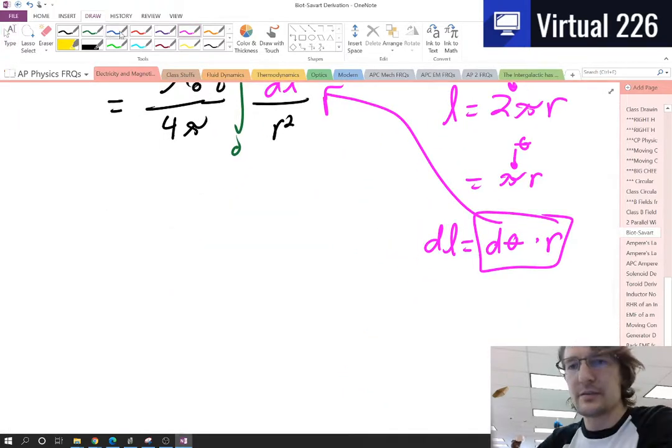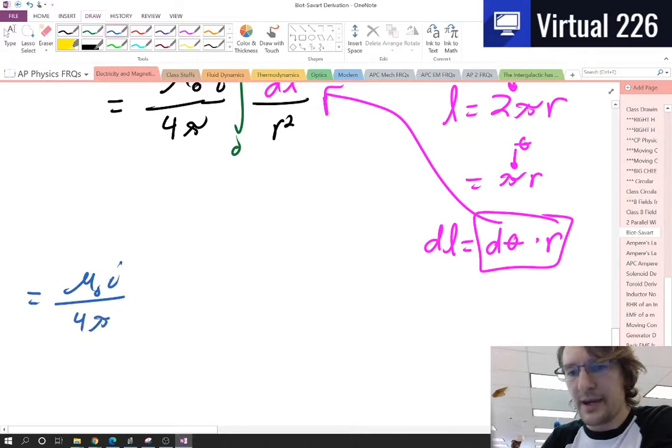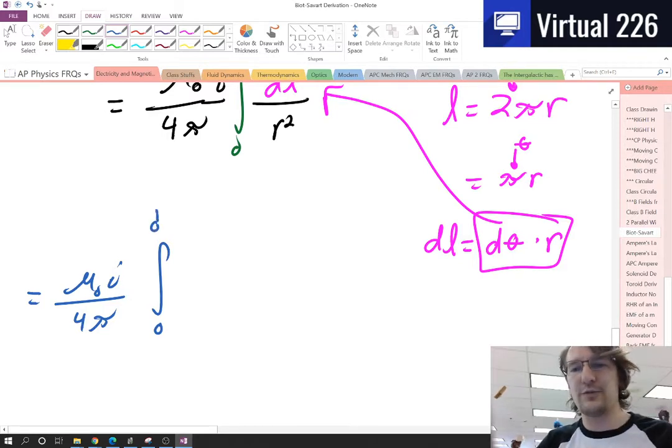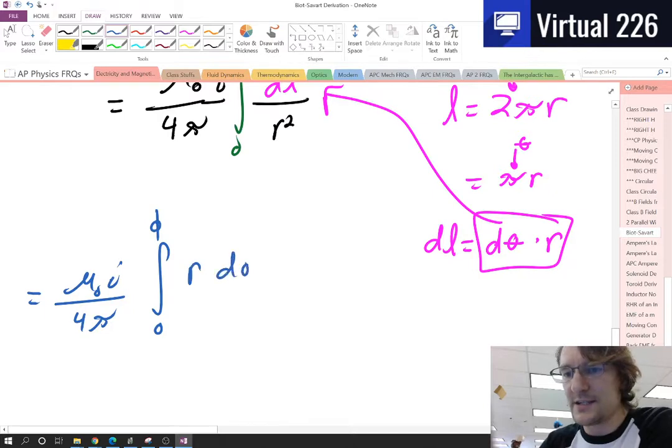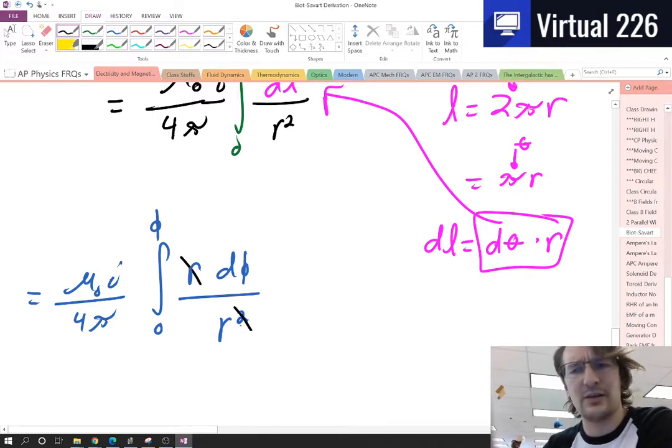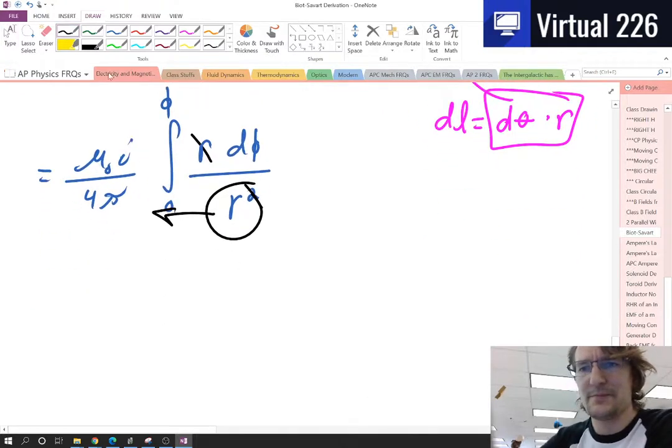By doing this, we once again get the mu naught I over 4 pi. When we integrate, we're integrating from 0 to some angle theta. We're going to call it angle phi in this case, simply because that's what physics likes to use for this specific equation. So what we have is r d phi, which is the angle, over r squared. And what's cool about this is the r and r squared are going to divide out. This r is a constant, so we're going to pull it to the outside.